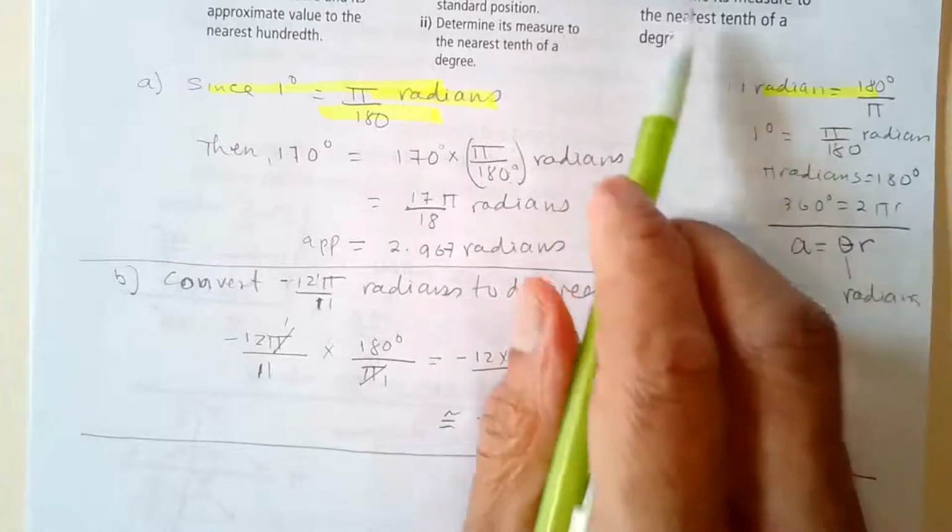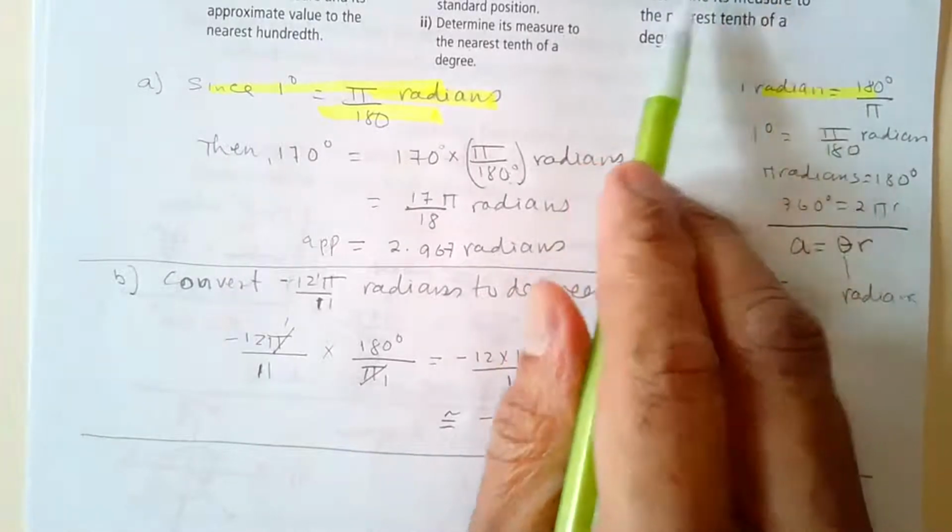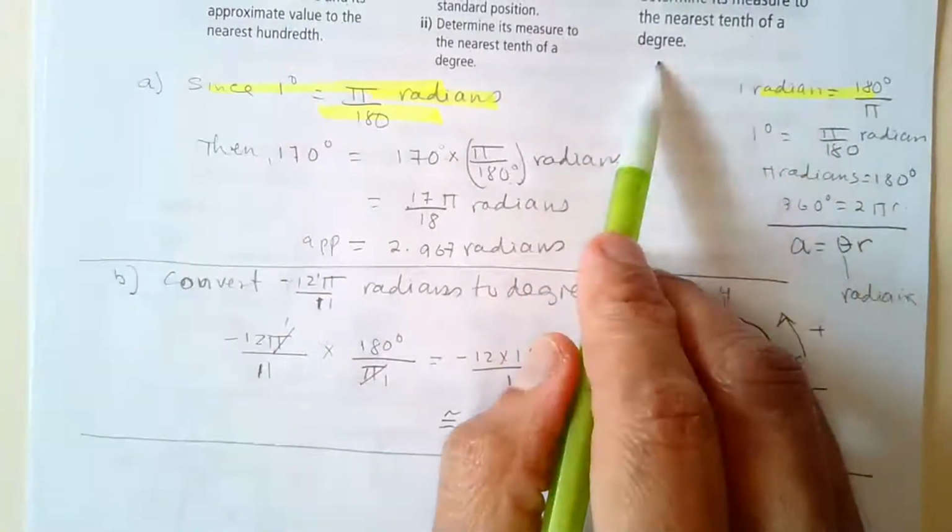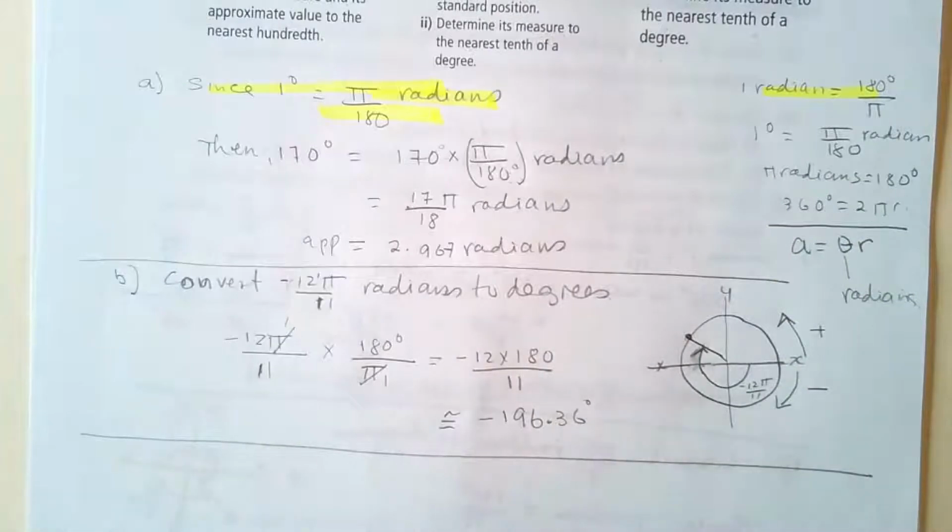The last part, given theta is 7.5 radians, determine its measure to the nearest tenth of a degree. We'll repeat the process.